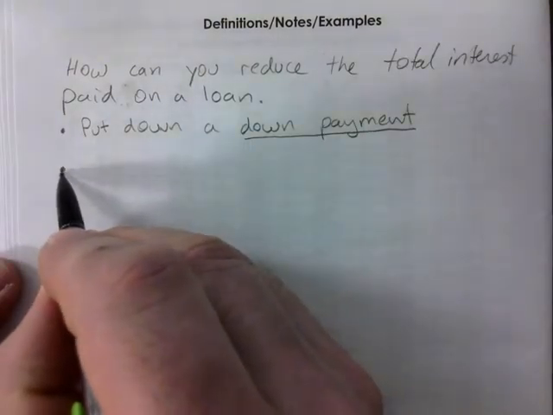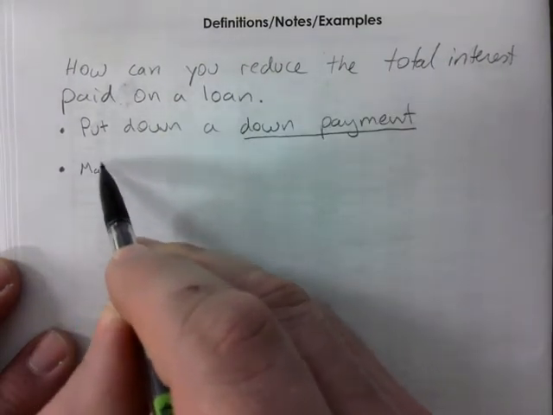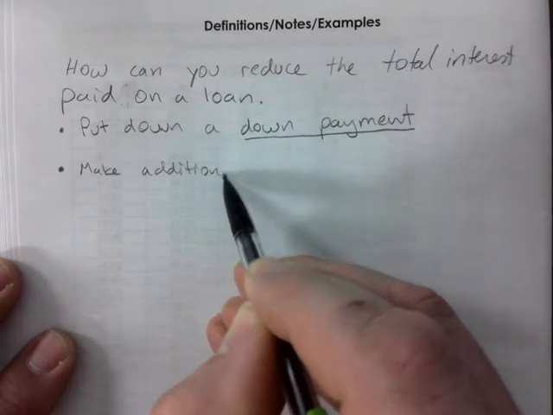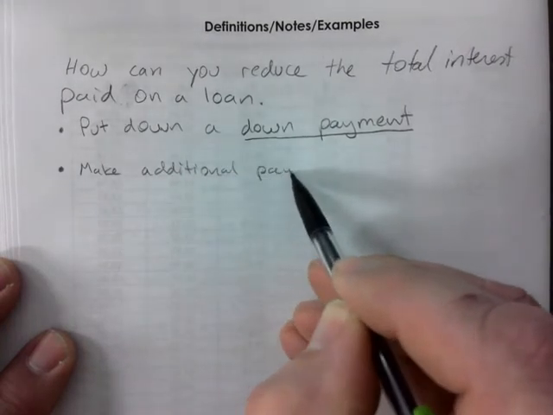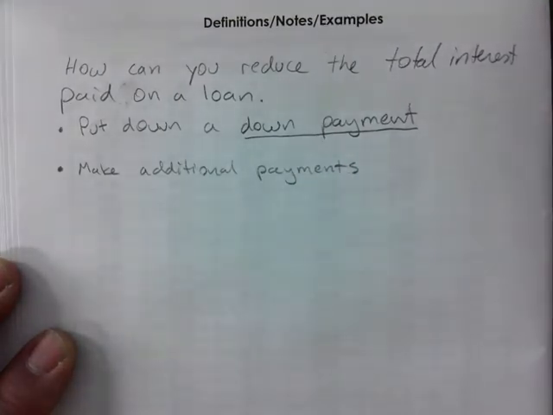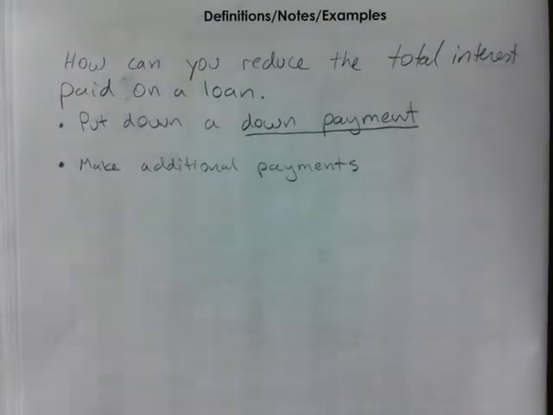Okay? And another thing you can do is make additional payments. I talked about that, I believe, right? Like if you want to make an extra payment on the side, all of that money, folks, all of it goes straight towards the loan.